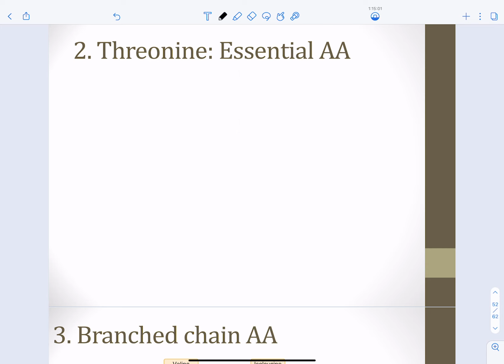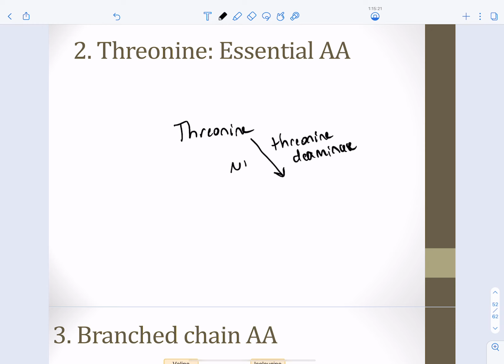All right, threonine is an essential amino acid, and we've talked about a few ways that threonine can be broken down. So we have that one we just discussed, which is your threonine deaminase. And this is going to release our ammonia, which is toxic, and we get alpha-ketobutyrate, and then succinyl-CoA.